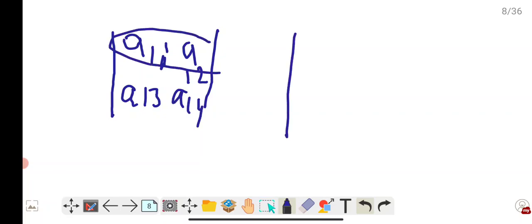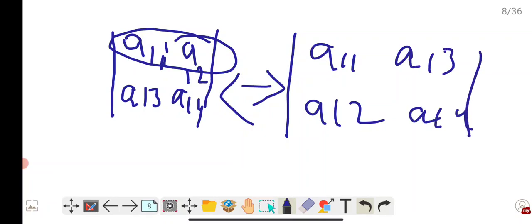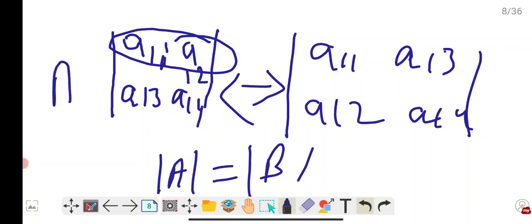If these rows are changed into columns and these columns are changed into rows, that is A11, A12, A13, A14, the value of the determinant will be the same. This was our B. So if we alter the rows into columns or columns into rows, the value of the determinant will be the same, it will not change.